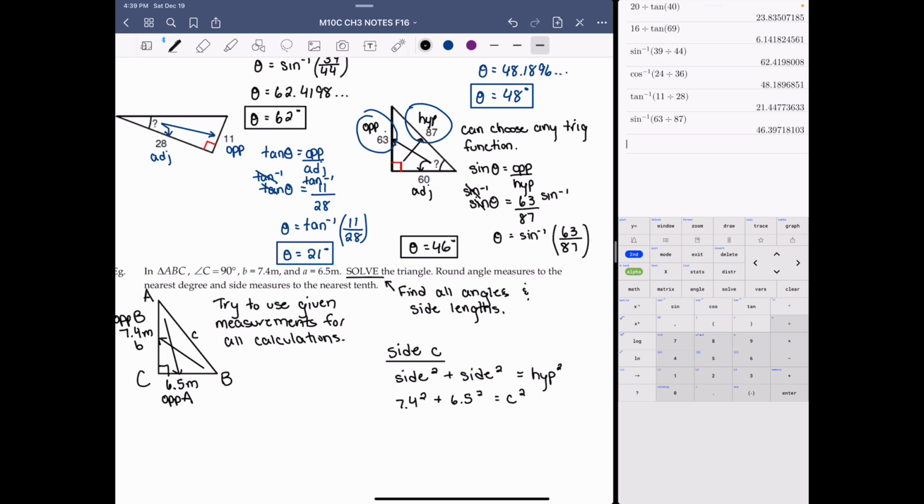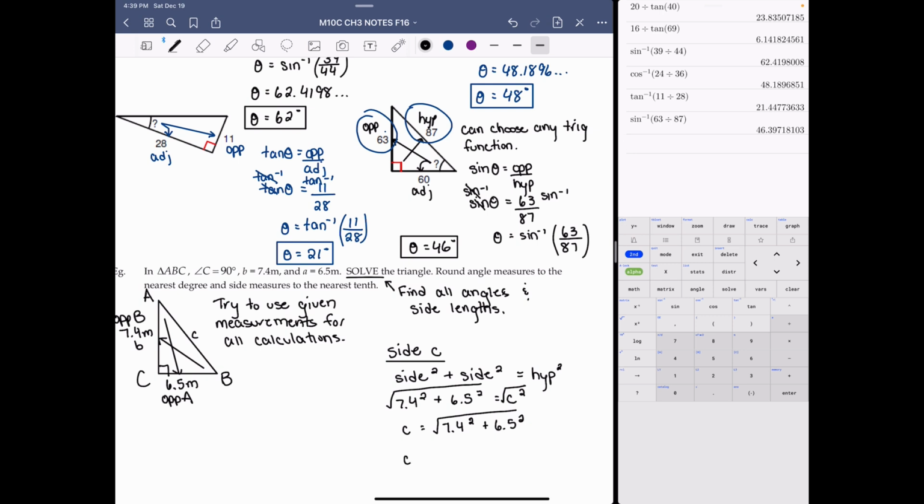And then rather than calculating now, I'm going to square root because I want C, not C squared. So I square root both sides, and I get that C equals the square root of 7.4 squared plus 6.5 squared.